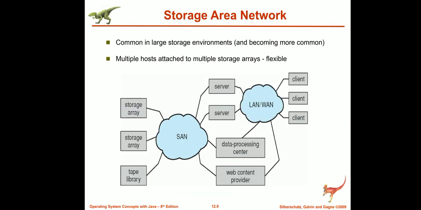And the third type, which is a variant of NAS, is called storage area network. Why is storage area network used when we already have NAS? One of the drawbacks of NAS is that the storage IO operations consume bandwidth on the data network.